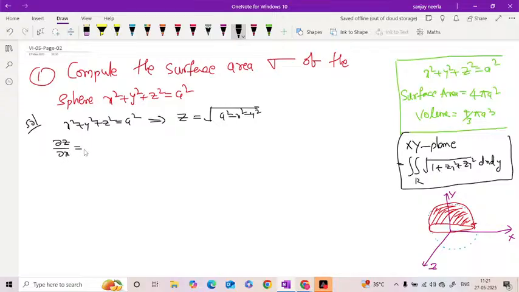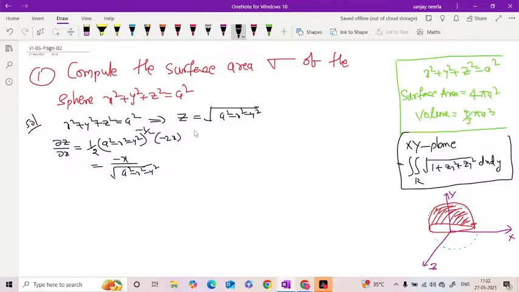Dou z by dou x is 1 by 2 of a square minus x square minus y square whole power minus 1 by 2 into minus 2x. So we get minus x by under root of a square minus x square minus y square.